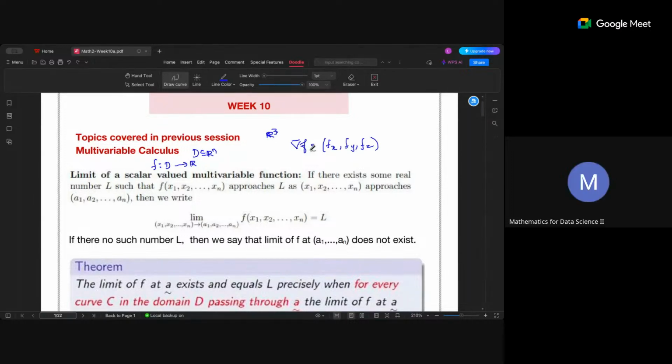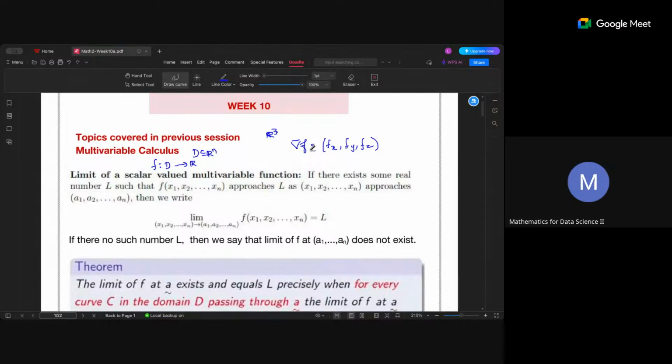See, what is rate of change in our case? Rate of change is nothing but the directional derivative. In terms of a one variable function, rate of change is nothing but the derivative, right? So whatever you are saying, change in y by change in x, that limit gives you the derivative in case of one variable.